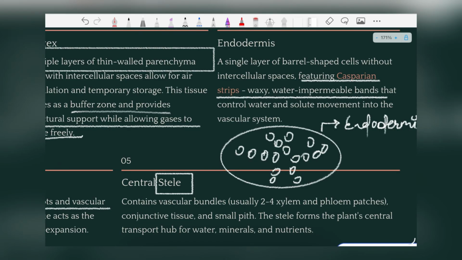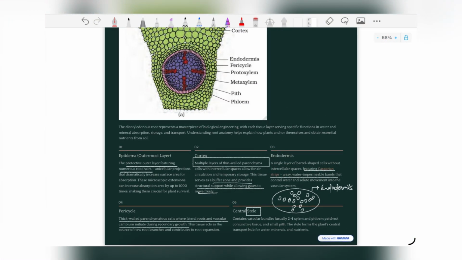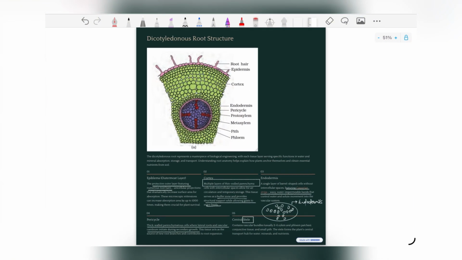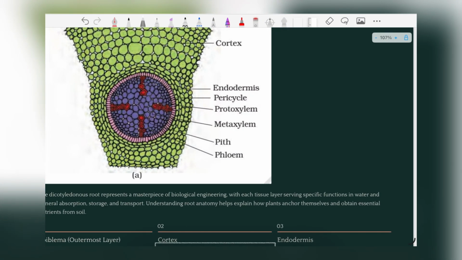Conjunctive tissues means conjuncting the adjacent xylem or phloem, and the small pith. The stele forms the plant's central transport hub for water, minerals, and nutrients. Okay, so inside this, anything is stele.